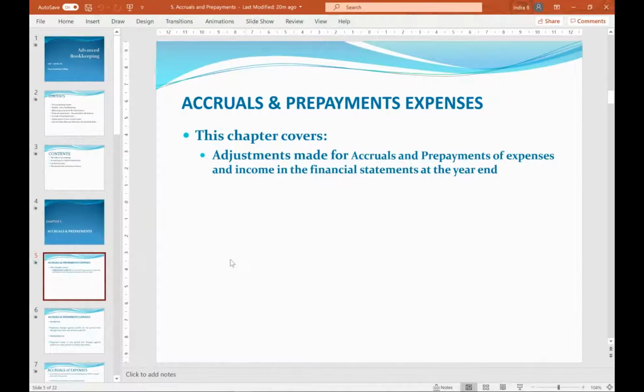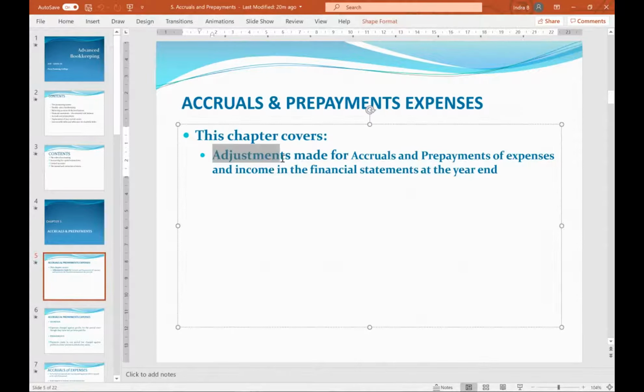So what this chapter is going to cover is adjustments. Adjustments made for accruals and prepayment of expenses and income in the financial statements at the year end.